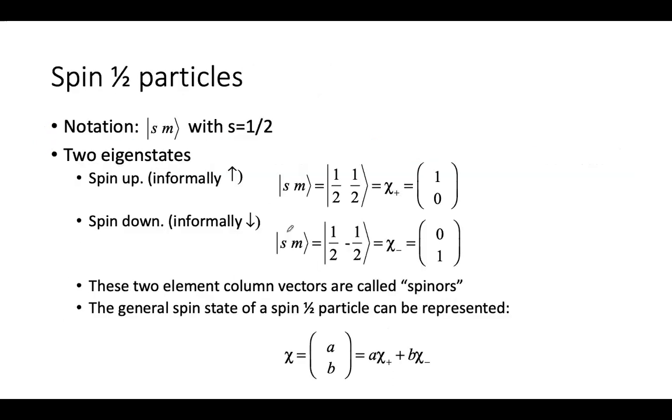Here's something on notation. Okay, I said the state in lieu of psi, which is the energy eigenfunction or the orbital angular momentum squared eigenfunction, or the z component of orbital angular momentum eigenfunction. For spin, we write the state this way. And it's a little bit silly because S here is always 1/2, okay?